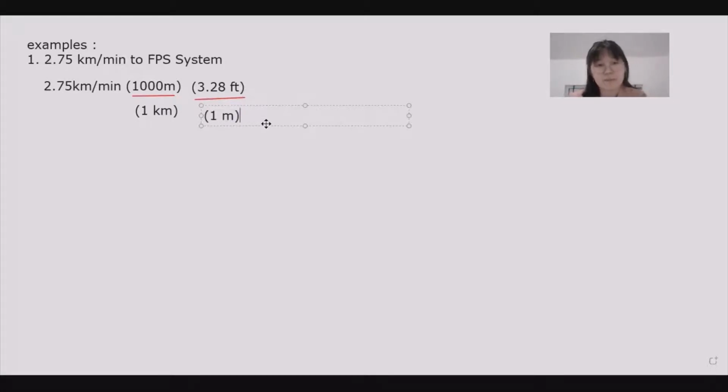And then the next one, you need to change from minute to second. So 1 minute is equal to 60 seconds.